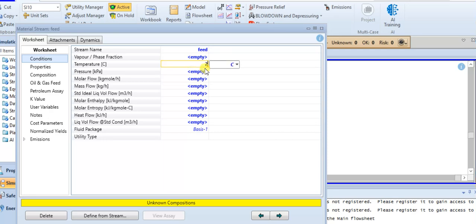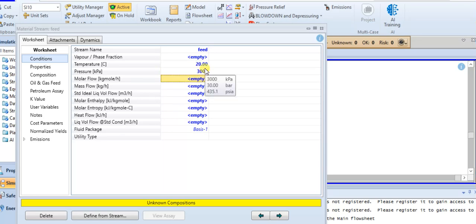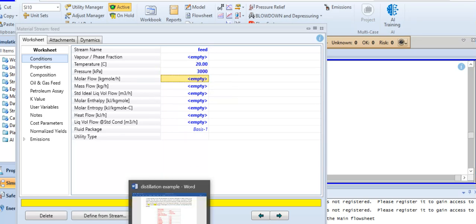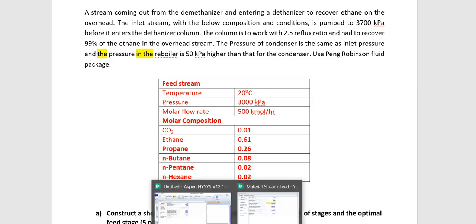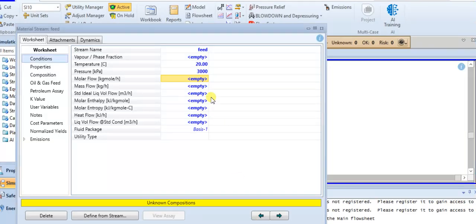Temperature is 20, pressure is 3000 kilopascal, and molar flow rate is 500 kilomole per hour.